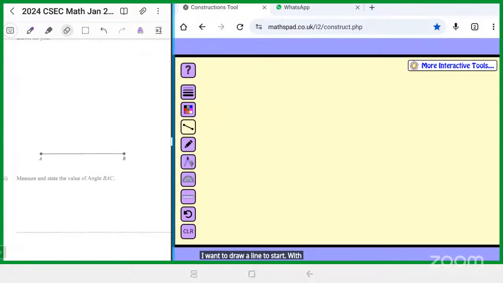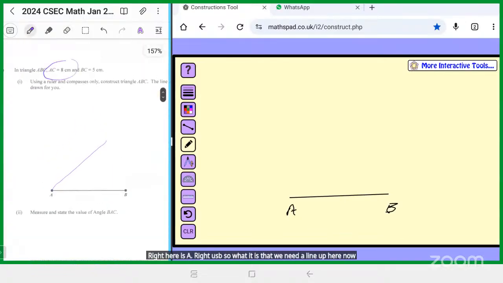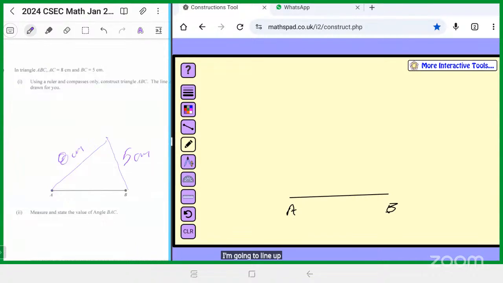Let's draw a random line. Let's say that this is my AB, so you would have had that on the paper. Right here is A, right here is B. What we need is a line up here that is 8 centimeters long, and a line up here that is 5 centimeters long.